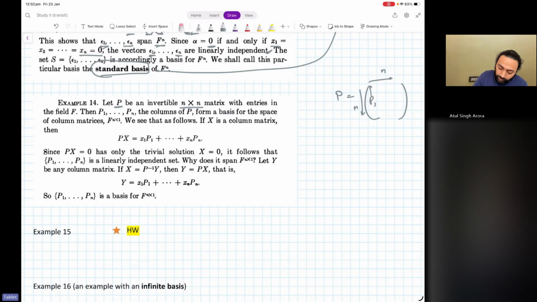So P1 is the first column, P2 is the second column, and so on, and Pn is the last column. Now the claim is that these Pi form a basis for F^(n cross 1). Basically, it forms a basis for all the columns. So is the statement clear?